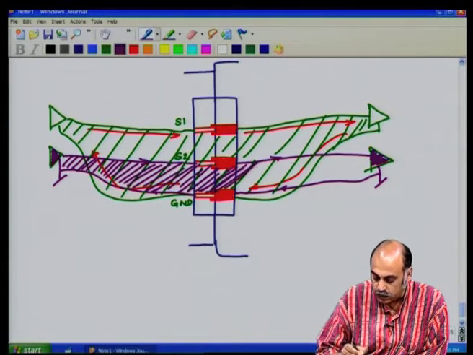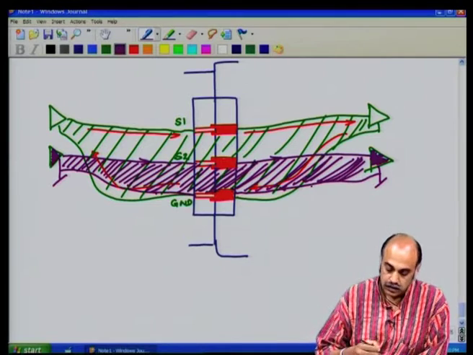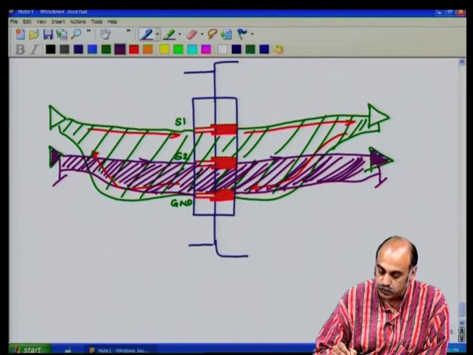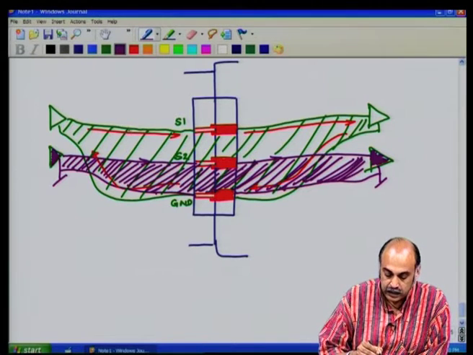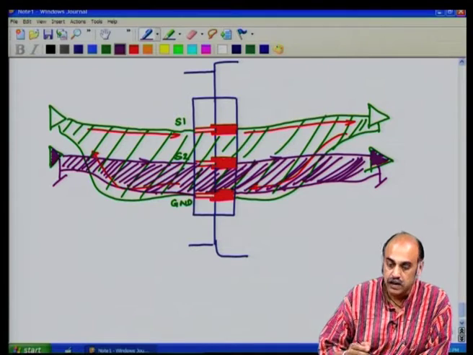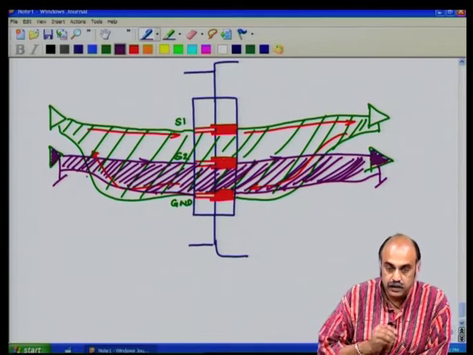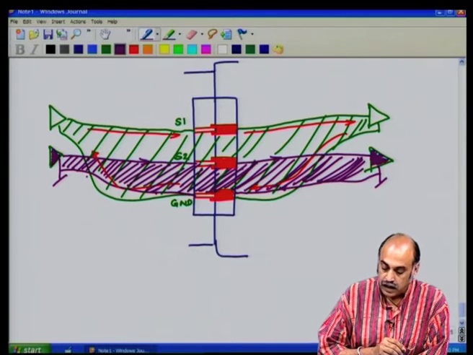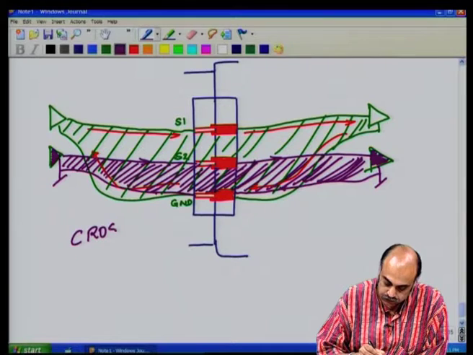So, you see that quite a significant portion of the loop areas are common. Which means a current flowing through the violet loop can interact with the green loop, and the current flowing through the green loop can induce an EMF on the other loop, and this can result in what is called crosstalk.